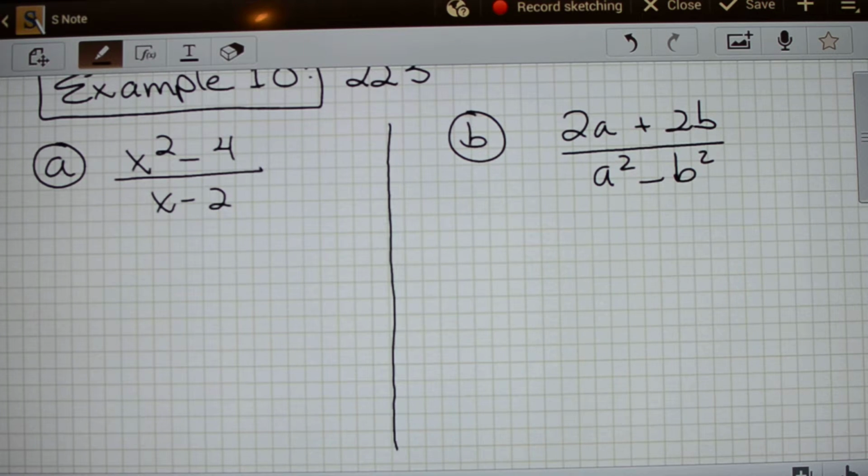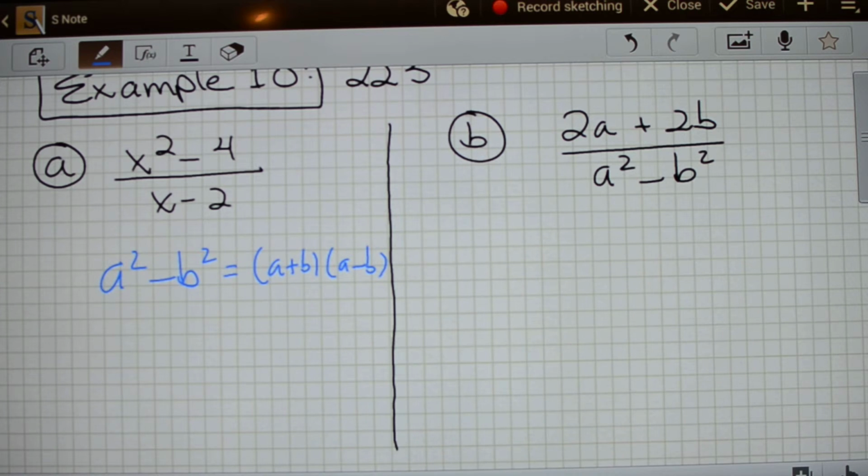Alright, okay, you have to kind of take your brain back about a month or however long it's been since we've done Law 3. But this is Law 3, or difference of two squares. It is a squared minus b squared is a plus b times a minus b. So that's from the factorizing chapter that we did.